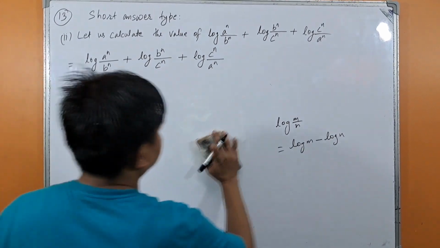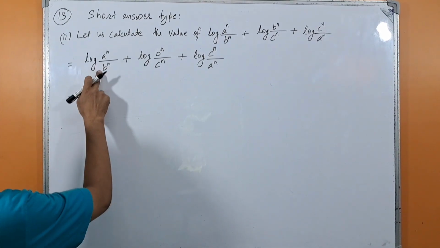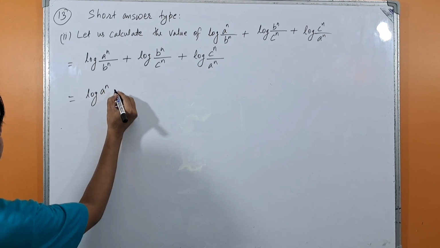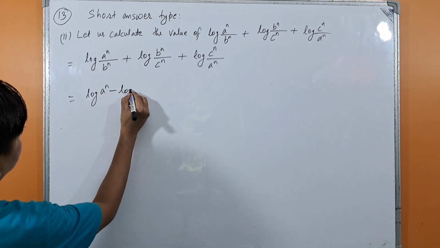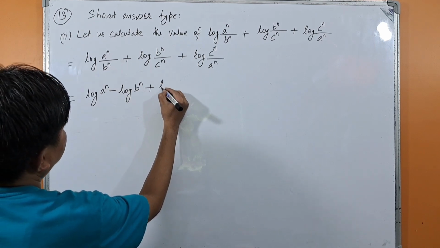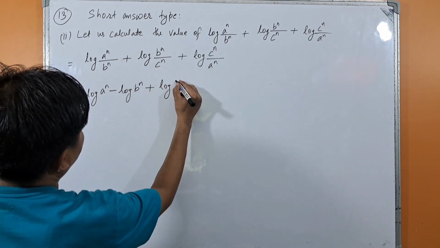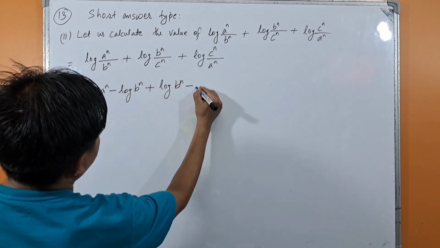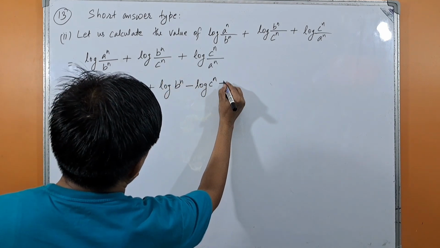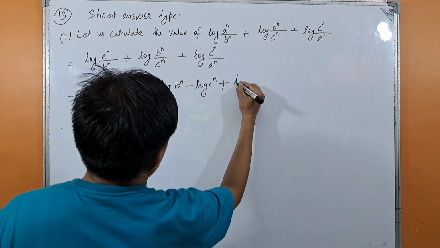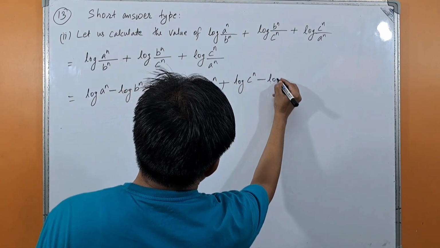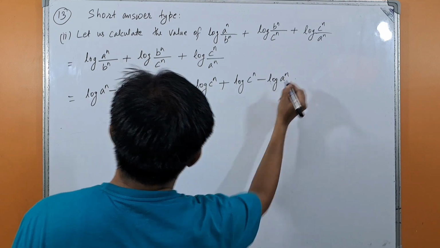So we will write this as log a to the power n minus log b to the power n, plus log b to the power n minus log c to the power n, plus log c to the power n minus log a to the power n, isn't it?